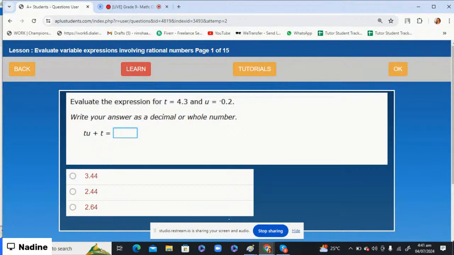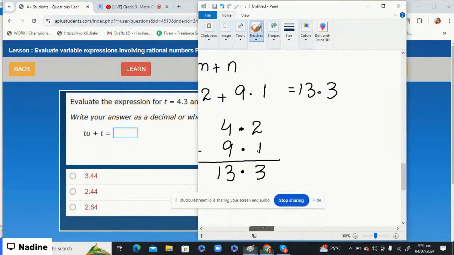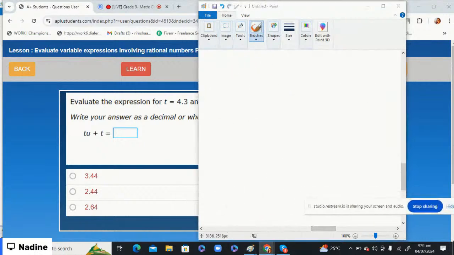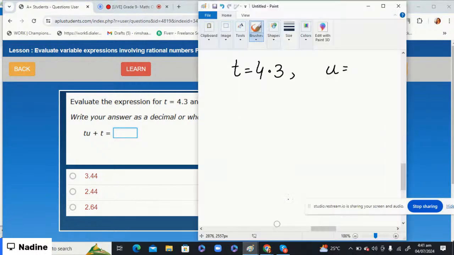Value of t and u are given, and find tu plus t. So value of t is 4.3, value of u is minus 0.2. Let's find tu plus t.